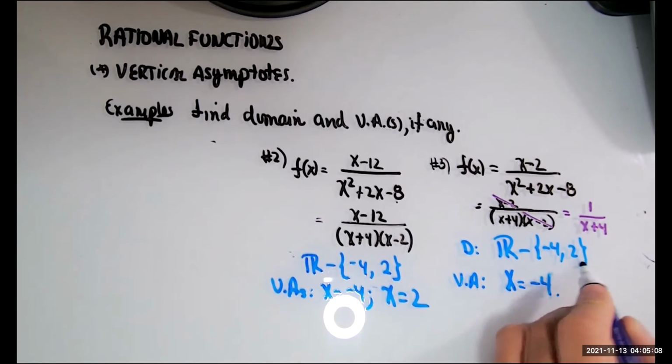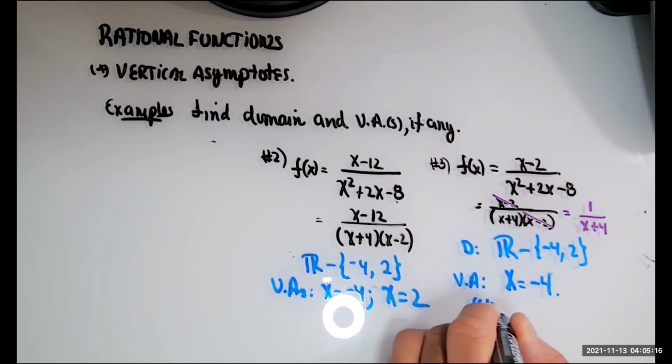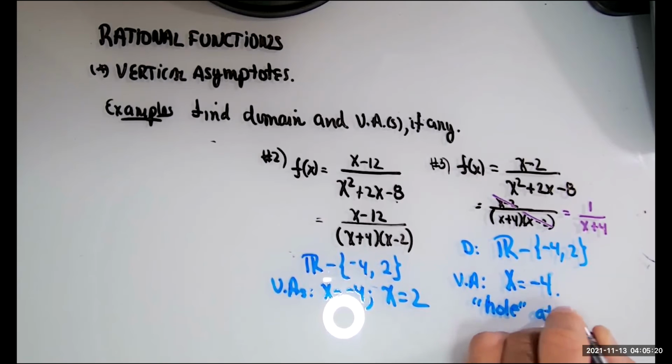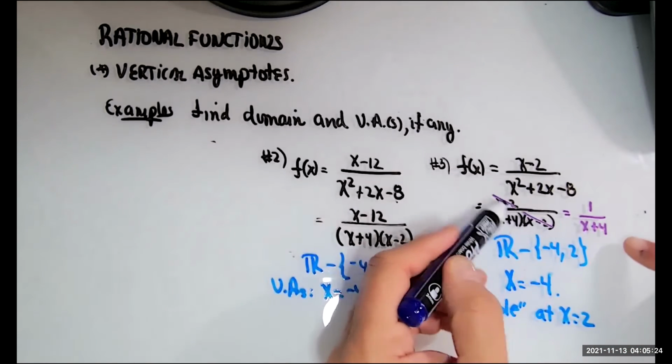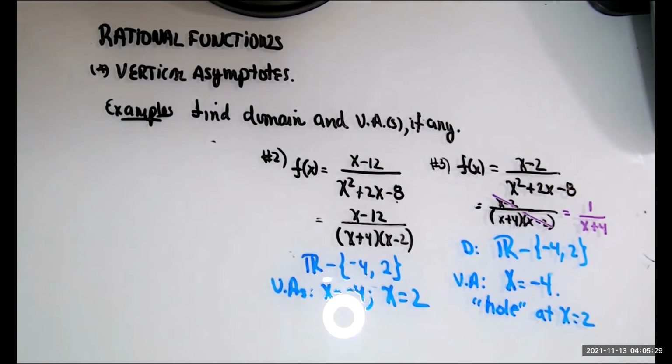So when x equals 2, the function will exhibit a discontinuity, or a hole, at x equals 2. Bottom line, if we simplify, we are trading one asymptote for a discontinuity, or a hole.